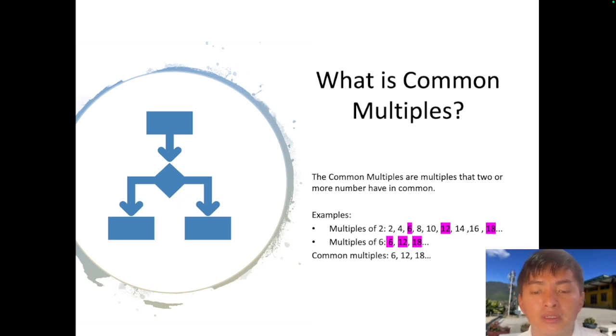Now from the list we see the common multiples are 6, 12, 18, although there could be more common multiples between the two. So make sure you understand what it means by common multiples so that we can move on to the lowest common multiple.